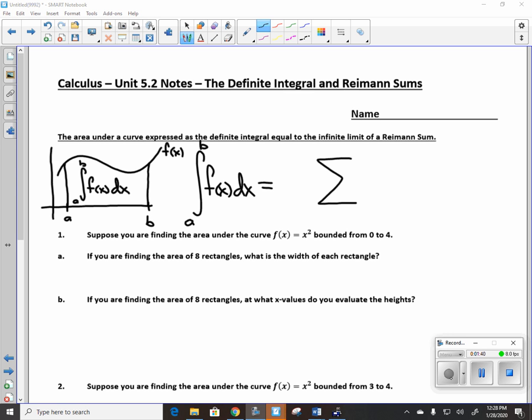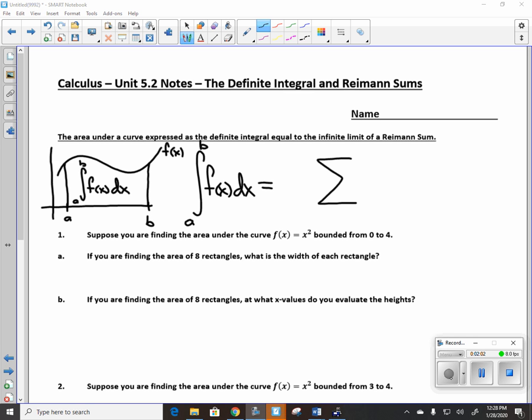Do you remember that symbol from last year? It's a Greek letter. Sigma. It is the Greek letter sigma, and sigma is for sum.